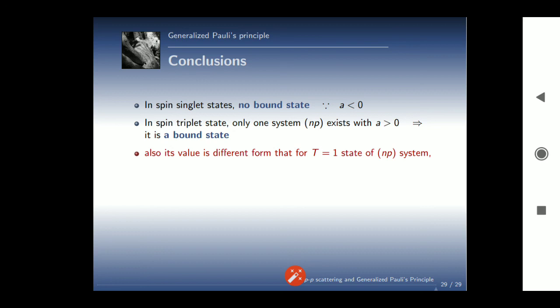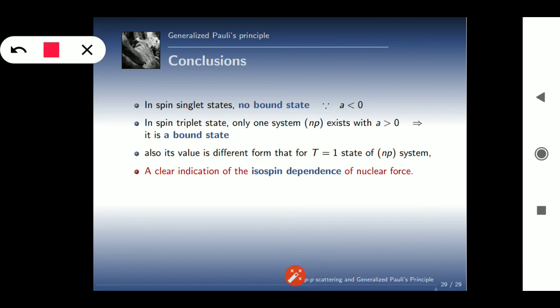Also, the two values of scattering length for the NP system for T equals 0 and T equals 1 are different. So this clearly indicates that the nuclear force is isospin dependent. So this is an additional piece of information we can obtain for nuclear force. So nuclear force is isospin dependent.